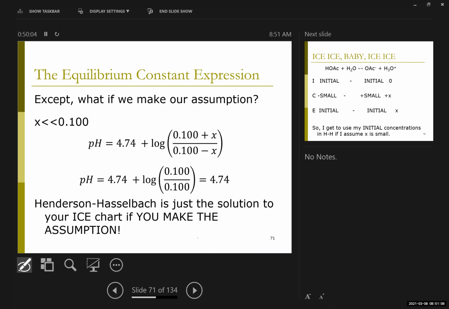Henderson-Hasselbalch only works if my assumption works.